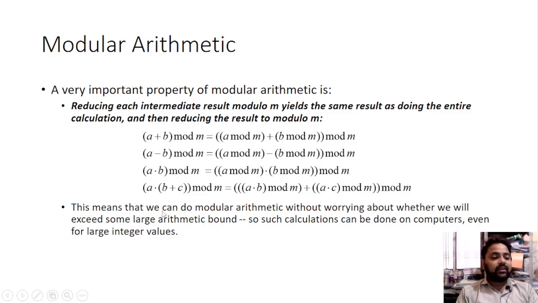This means that we can do modular arithmetic without worrying about whether we will exceed some large arithmetic bound. So such calculations can be done on computers even for large integral values. It means that we can simply use the basic principles of the associative and distributive laws when discussing the subtraction or addition of the elements of modular arithmetic.